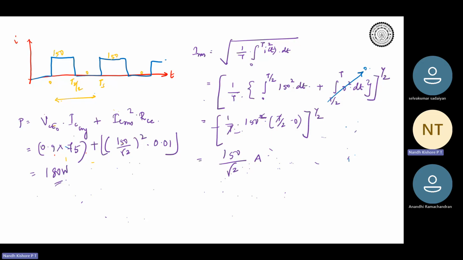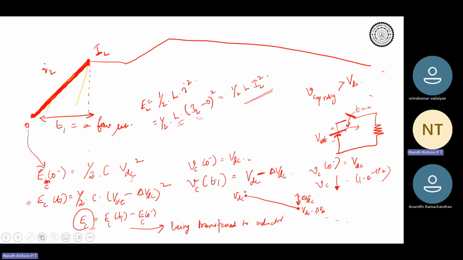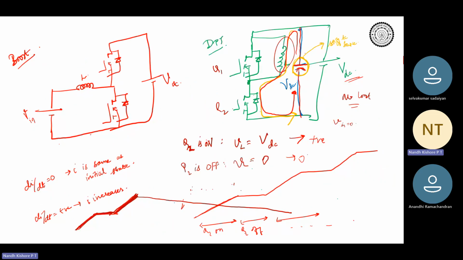Fine. Now the next part is, once you have calculated the power loss, mind you that this is only the conduction loss, and we have studied how to find out the switching loss in the previous class. In a similar manner, you will find out the switching loss. I'm not going through that right now.